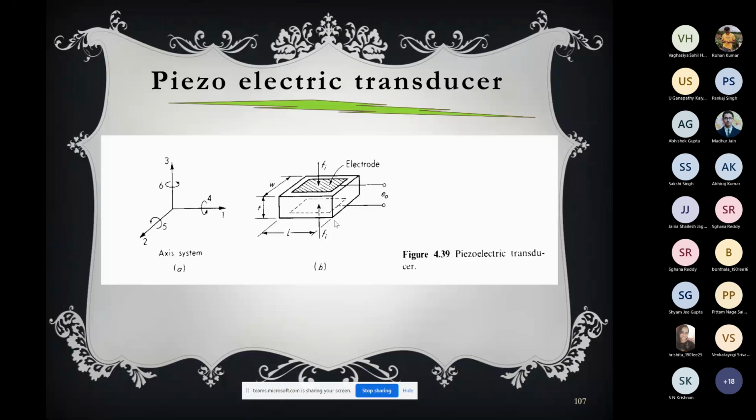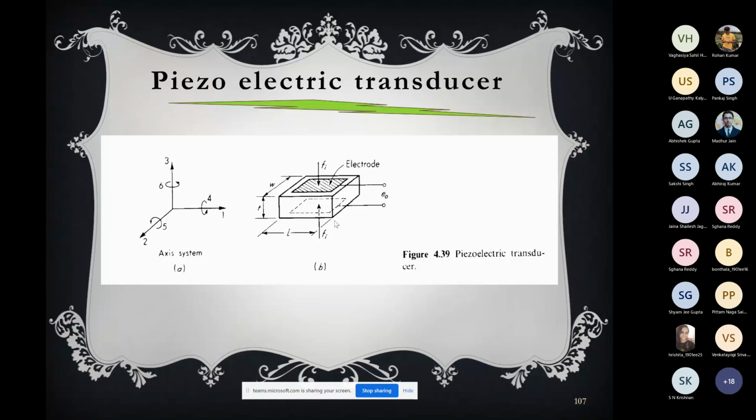But broadly, this can be utilized in many applications, such as high voltage, low current electric power generation, and spark ignition. What does it mean? No doubt it can be used as a transducer, and I will come to it in a detailed way.